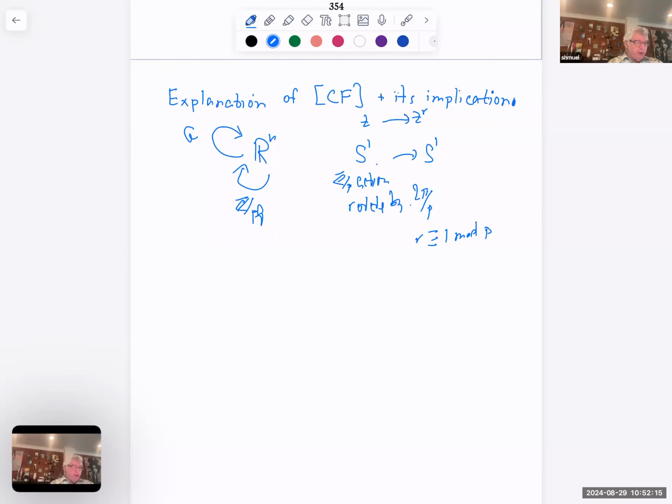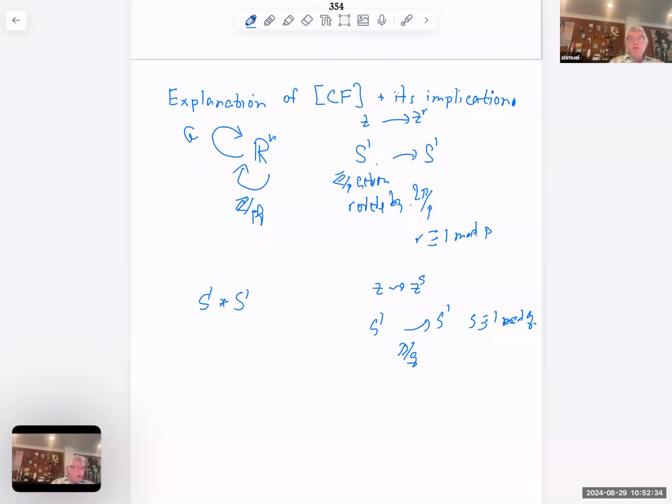I could do a similar thing, z goes to z^s, for the action of Z mod q, whenever s is congruent to 1 mod q. Now think about S^1 join with S^1 equivariantly.